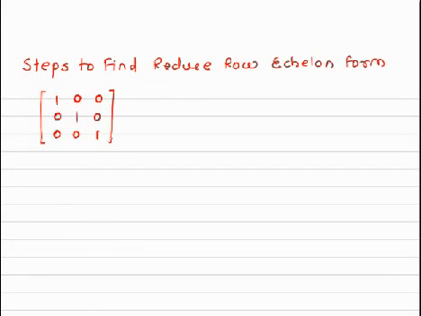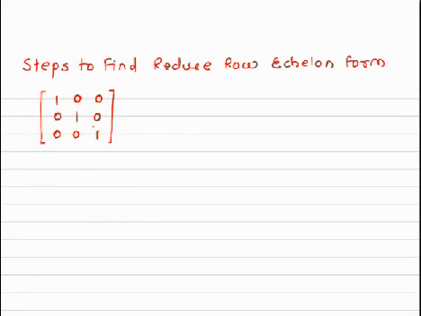When we are making above entries 0, whenever we get the leading one, only then can we make the above entry and the below entry 0. If you are not getting a leading one, then there is no need to make the above entries and the below entries 0. So this is the procedure.